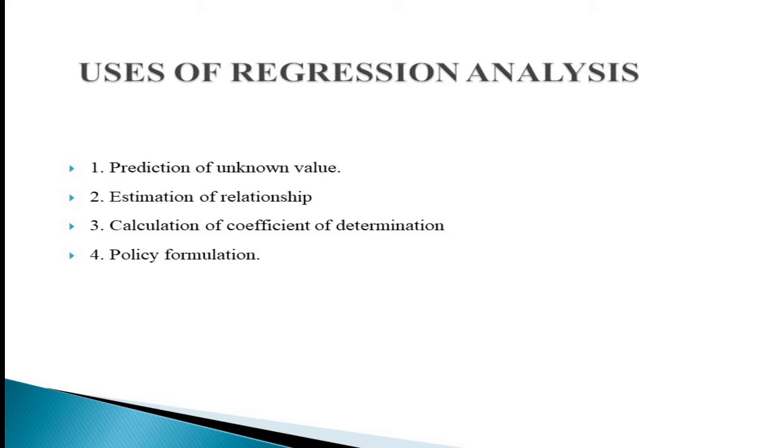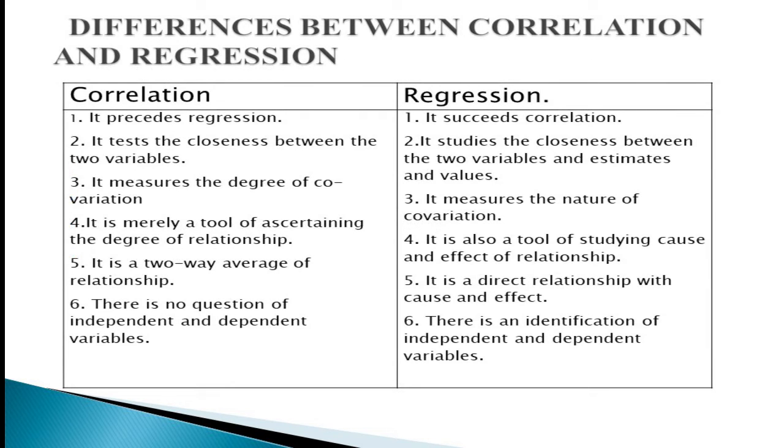This will be very useful in decision making, maybe in business or in policy formulation at the government level, and making decisions on all economic matters. Definitely regression analysis will be very useful.